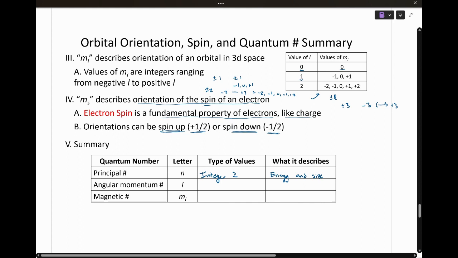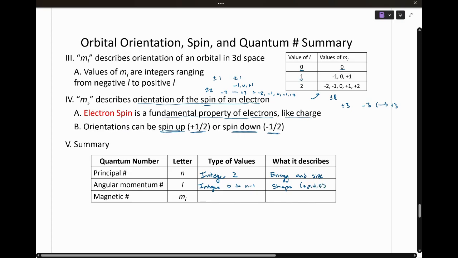Then we have the angular momentum quantum number L, and these are integers that range from 0 to n minus 1. This describes the shape of an orbital, either S, P, D, or F.